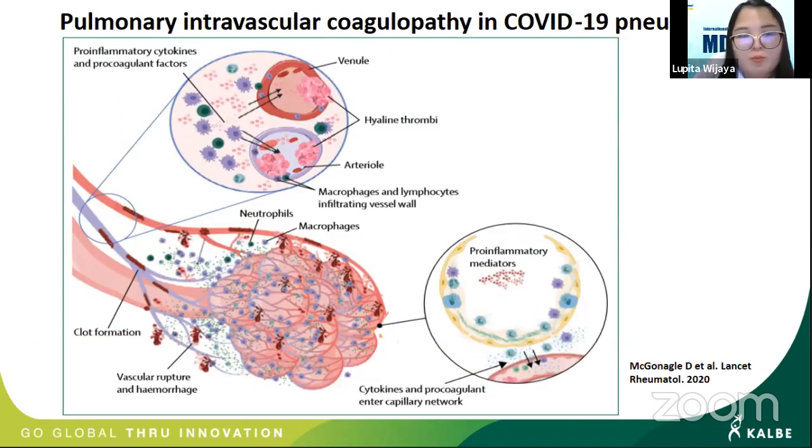In our pulmo, or maybe in our lungs, we can see the ACE2 is located specifically at the alveoli. Alveoli has the main function to diffuse or transfer the oxygen from our upper respiratory tract into our blood circulation.